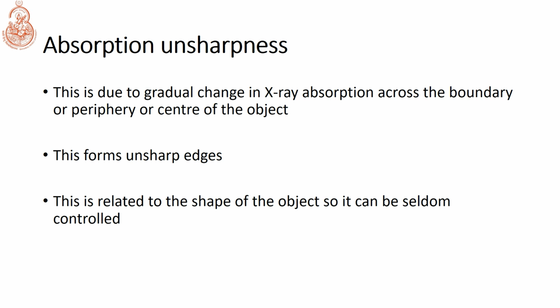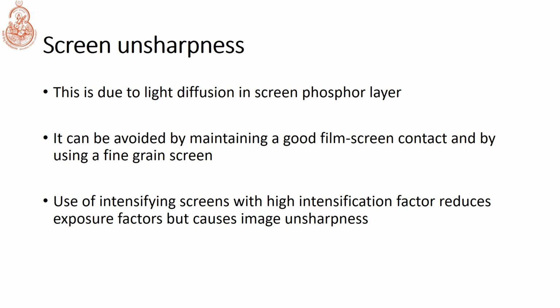If we take a radiograph of one such structure, we have a difference in the absorbed X-rays at different locations as per the thickness or shape of the object. This causes an unsharpness of the image, and that is called absorption unsharpness.